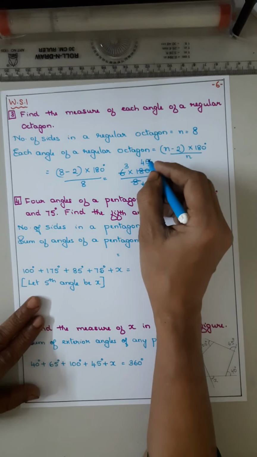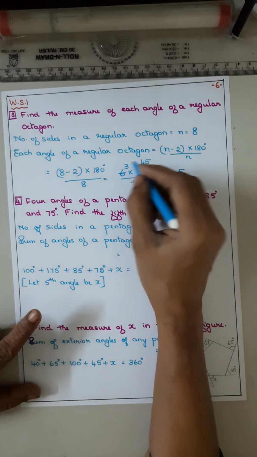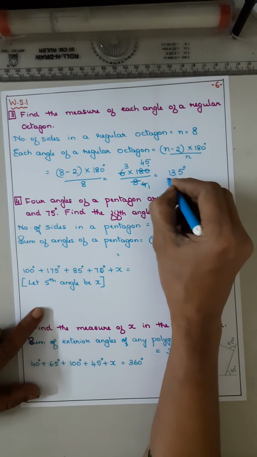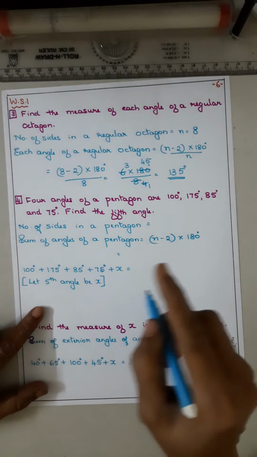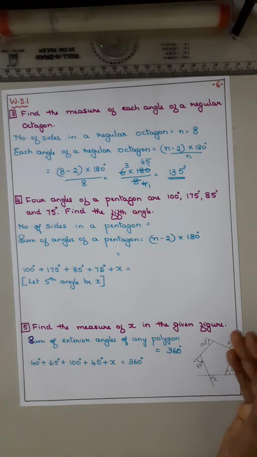Now 3 5s are 15. 1 in hand. 3 4s are 12 plus 1, 13. So you got 135 degrees, each angle of the regular octagon. Put the formula and the value, that is (8 minus 2) into 180 upon 8.